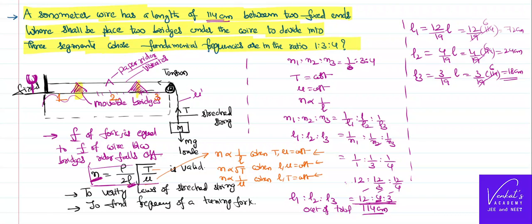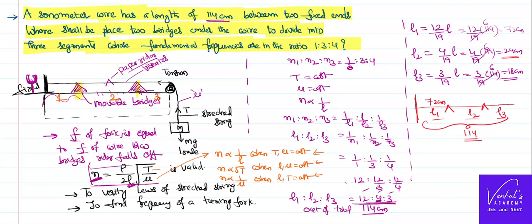So if I draw a wire for you, I'll just draw it for you. Just the same diagram again. It's the fixed thing. This is L1. This is L2. This is L3. That shall divide the total wire of length 114 into three segments L1, L2, L3. L1 is very clear, 72 centimeters. L2 is 24.